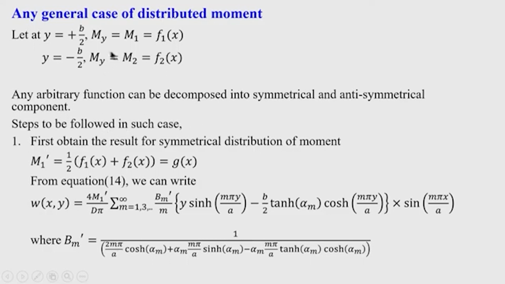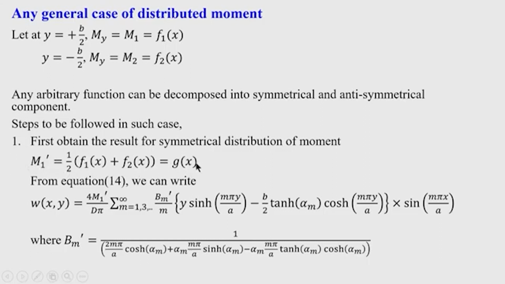That means, here this function in the one case is f 1 x, and in the other edge it is f 2 x. So, we write the component m 1 prime as half of f 1 x plus f 2 x, as a function say g x. So, now we find the deflection of the symmetrical distribution of the function with this component.